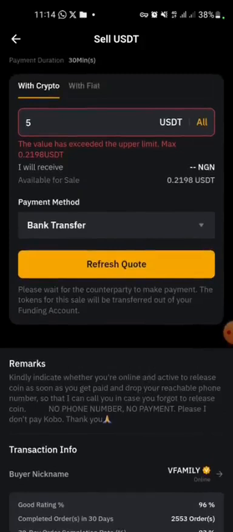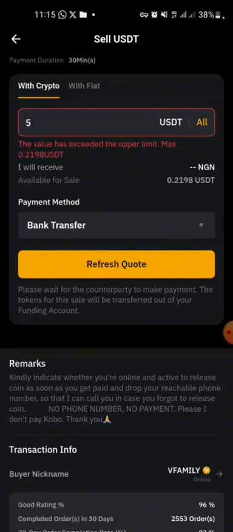Once you select the sell button, you have to wait first until you get the money. You have to be careful about this. Make sure he sends you the money before you release coin, right? Once he sends you the money, you must confirm in your bank, whether bank app or text message, anyone that you confirm your transactions with.